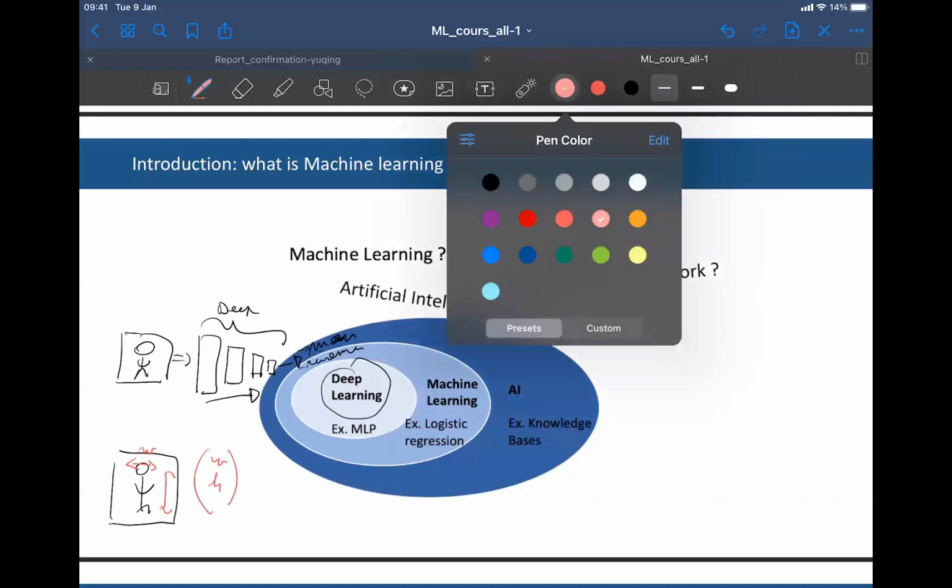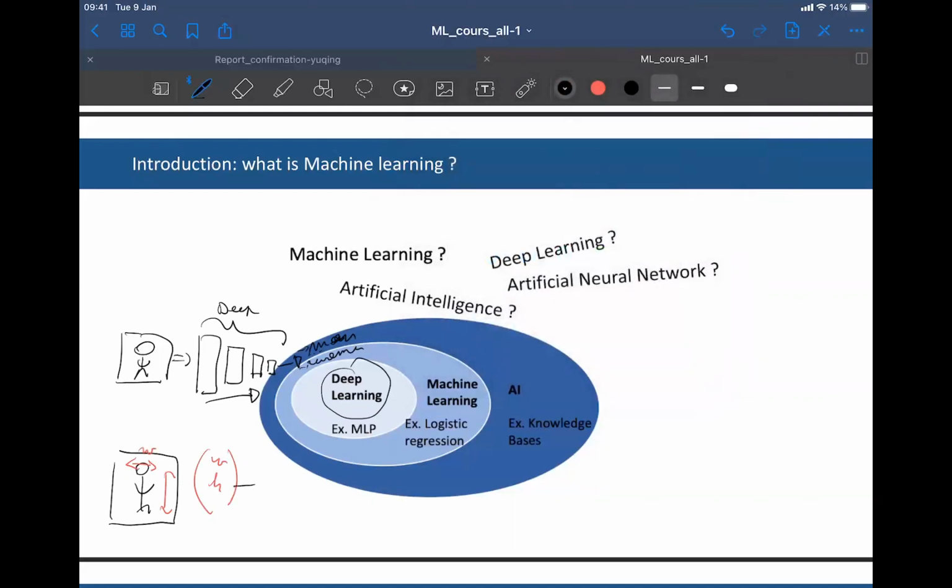And then you do a simple linear regression. We will see later how this works. It's another model, and then you get man or woman. So it's not a deep model because it's not based on this convolution. It's very simple. You give some descriptors of the face. So it's not inside deep learning, but it's still machine learning because you will fit this model, this linear regression. We will see it again later. So it's still the introduction, but it's based on other types of models. So this is machine learning.